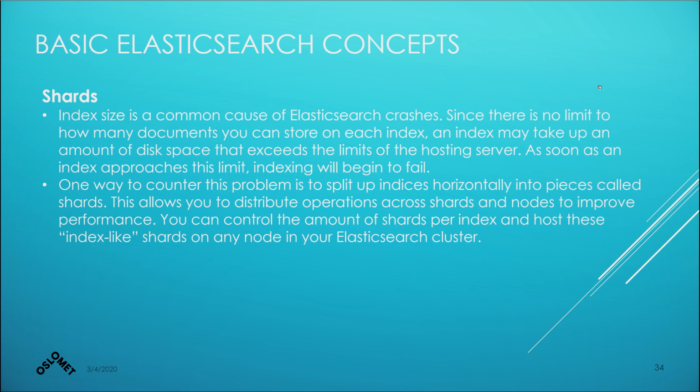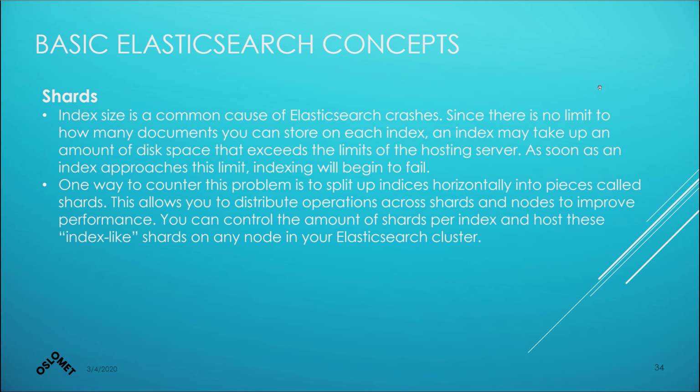Then Elasticsearch uses shards. So how can I explain this? When you have indexes which grow, because index sizes can be a common cause of crashes in Elasticsearch, there is not really a limit on how many documents you can store in each index.